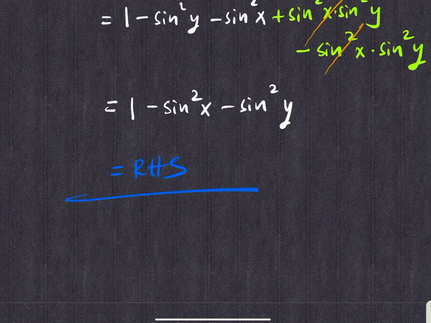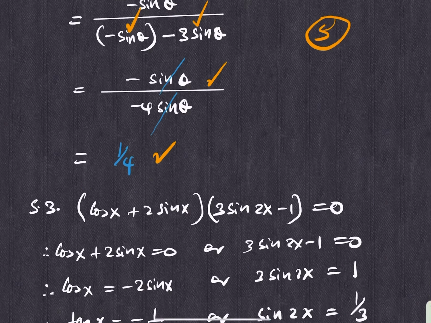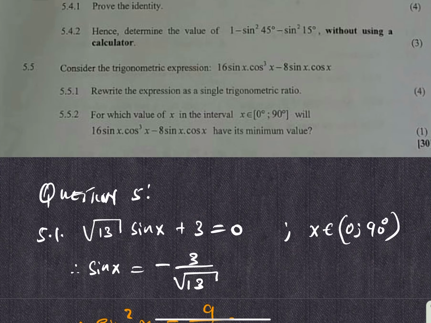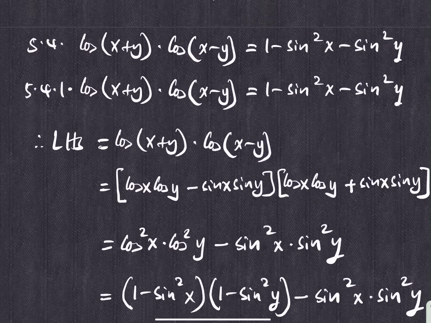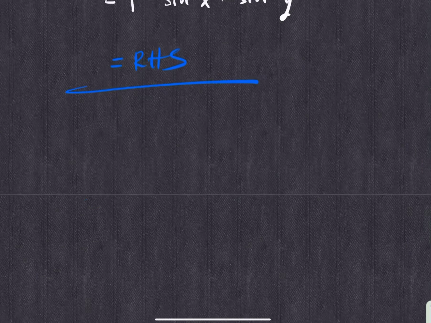What is the next question? They are saying, hence determine the value of 1 minus sine squared of 45 degrees minus sine squared of 15 degrees. That is a 15, okay. So this is 5.4.1, and I'm going to say this is 5.4.2.